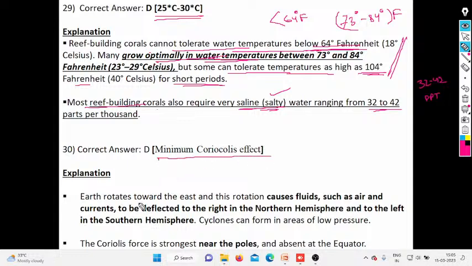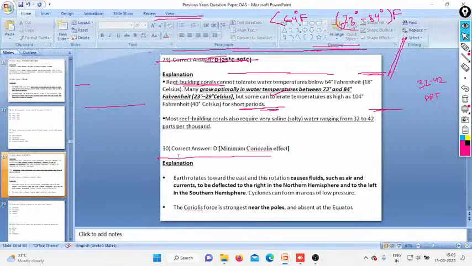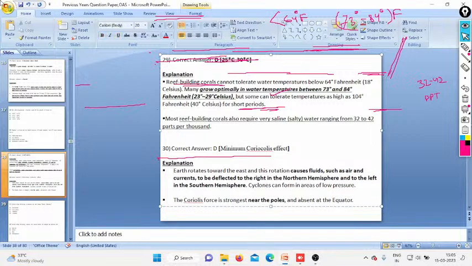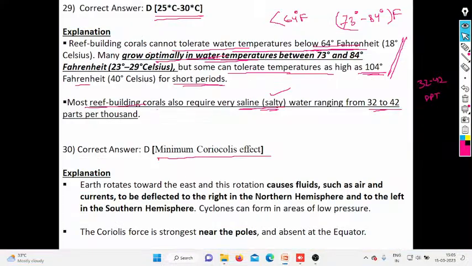Minimum Coriolis effect. The Coriolis effect is produced by the turning of your earth.